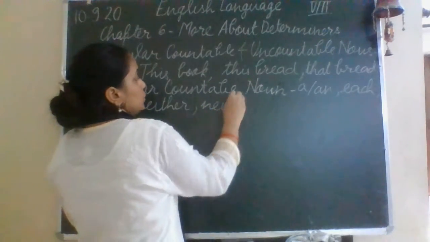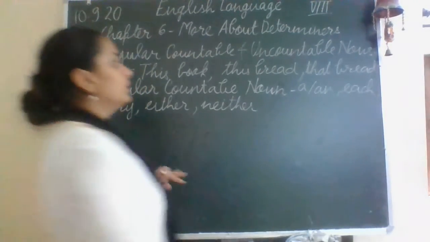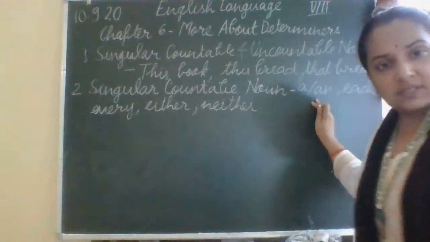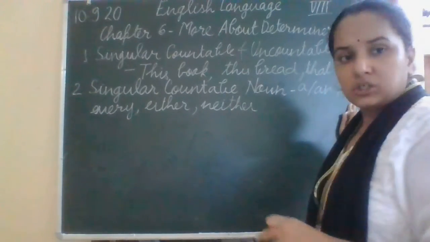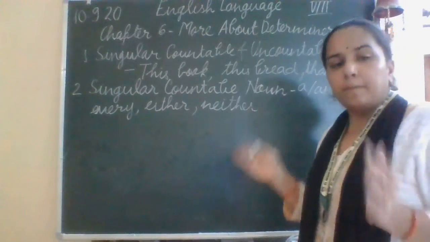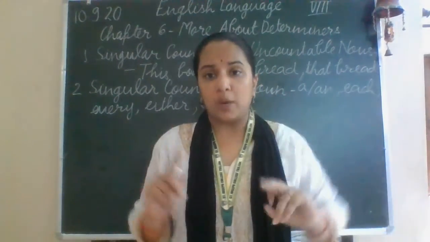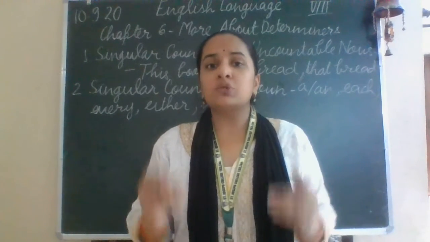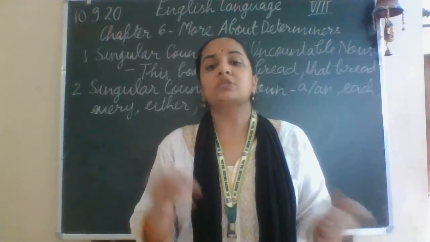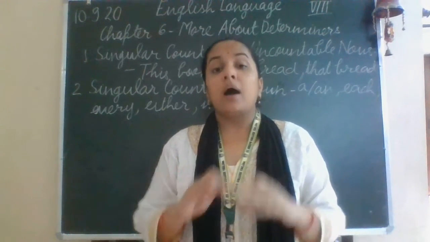These can be used with singular countable noun, because whenever I'm saying a or an, we have discussed in the article that this represents one. Each means if we have a number of things, and if I'm saying each, that means I'm talking about one. Each student will submit his or her notebook. That means I'm talking about one.